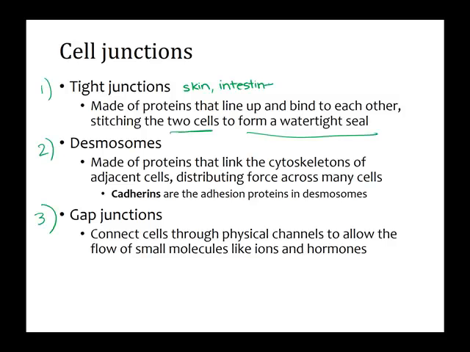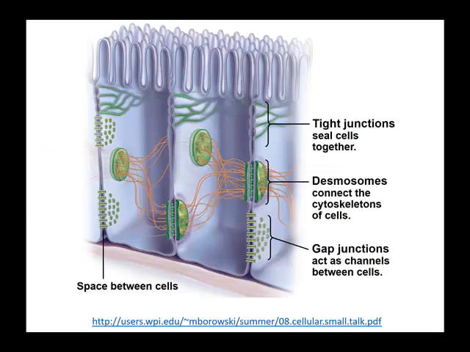Again, you don't want your intestines spilling out into your body cavities. You find them a lot in your bladder. So what these tight junctions look like is actually on the next slide that we just saw. There's these sort of lacings that link together two cells. So here what we're actually looking at is an intestinal cell.